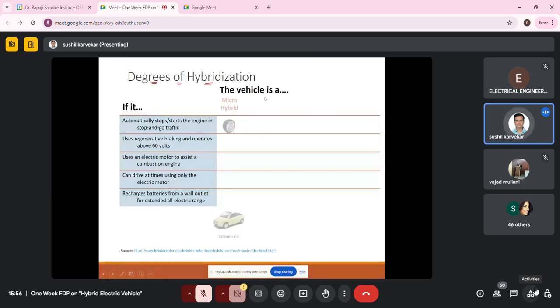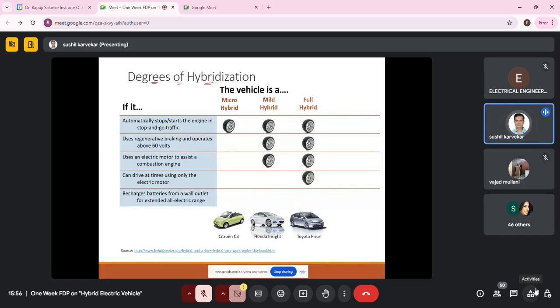So based on that, we are going to categorize them as micro, mild, okay. Then we are going to have a full hybrid system, plug-in hybrid system, and so on. Okay, so we will be categorizing them as micro, mild, full, and plug-in hybrid systems.